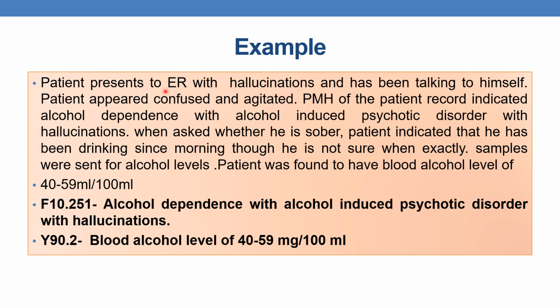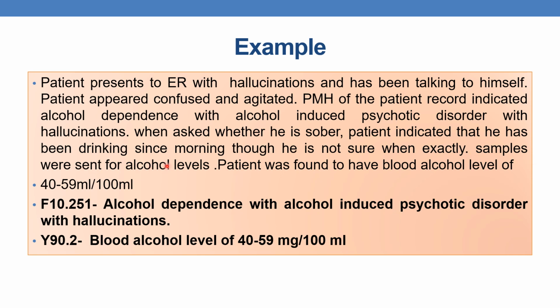See an example. A patient presents to the ER with hallucinations and has been talking to himself. Patient appeared confused and agitated. The past medical history of the patient record indicated he has been suffering with alcohol dependence with alcohol-induced psychotic disorder with hallucinations. When asked whether he is sober, patient indicated that he has been drinking since morning, though he is not sure when exactly.